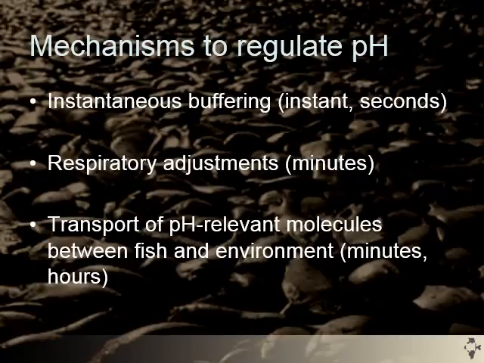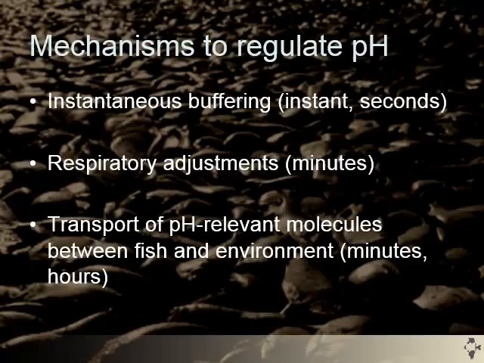So what can we exchange ion for ion with the environment to trade? Hydrogen ions being a positive cation, we want to get rid of that and export that to the environment. That can perhaps be linked with import of another positive cation like sodium. So again, each of these processes is going to be occurring in conjunction.